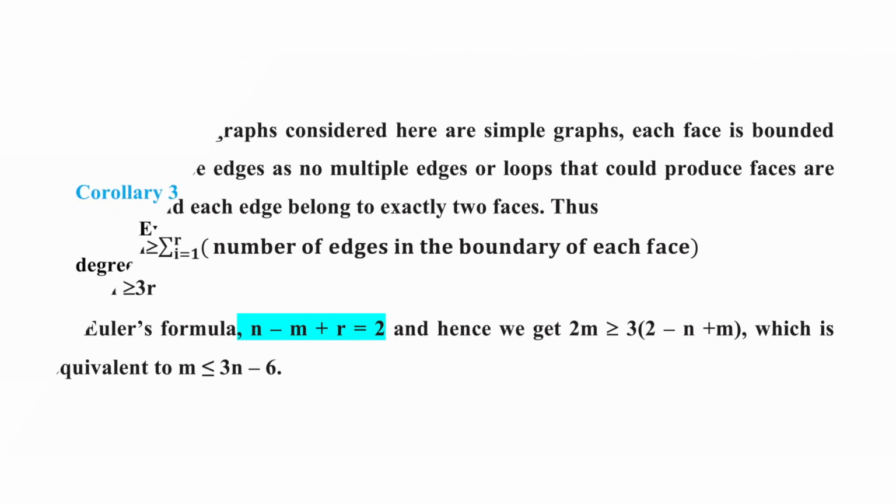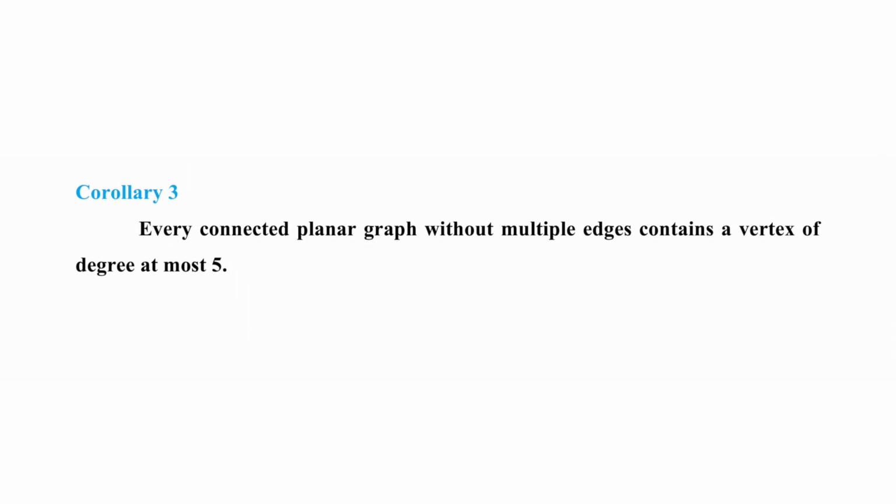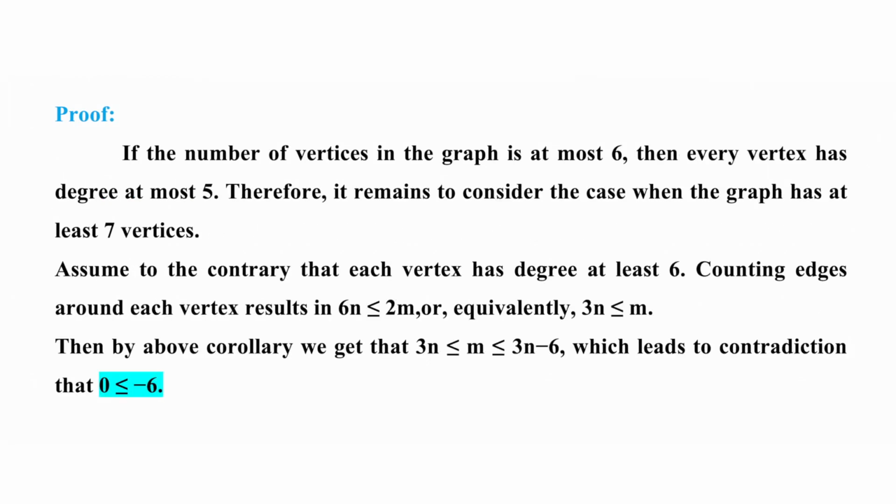Which is equivalent to m less than or equal to 3n minus 6. The next corollary is: every connected planar graph without multiple edges contains a vertex of degree at most 5. The proof is: if the number of vertices in the graph is at most 6, then every vertex has degree at most 5. Therefore, it remains to consider the case when the graph has at least 7 vertices.